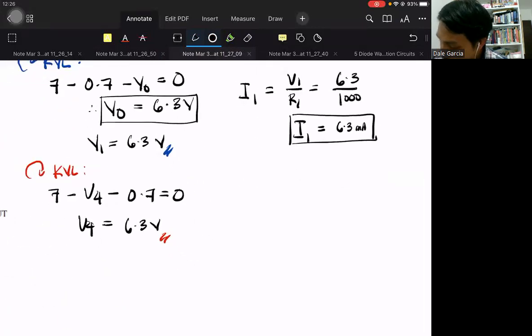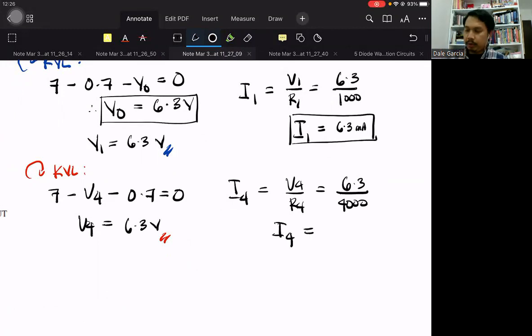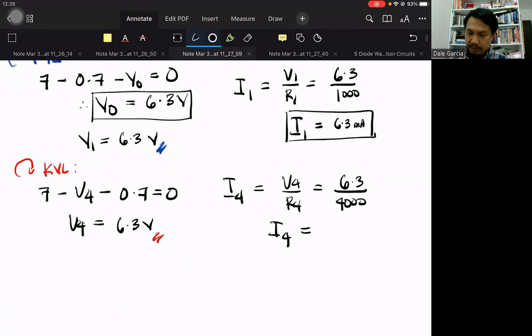For I4, I4 is equal to V4 over R4, V4 is 6.3 also, divided by 4K. Therefore, I4 is 1.575 milliamperes.